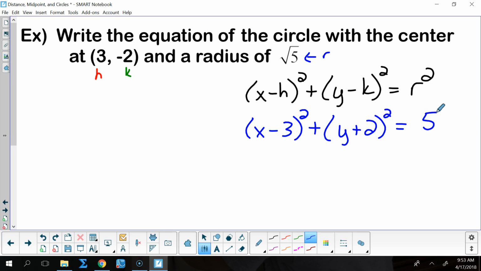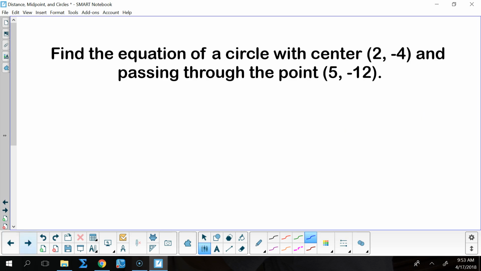Now, so that one goes pretty quick. This one, so my center is at h, comma, k, but it goes through that point. So what I first need to do is I first need to find my radius. How am I going to find the radius? If I know where the center of my circle is, and I know a point that the circle goes through. Distance formula. So I'm going to need to find the distance between those two.